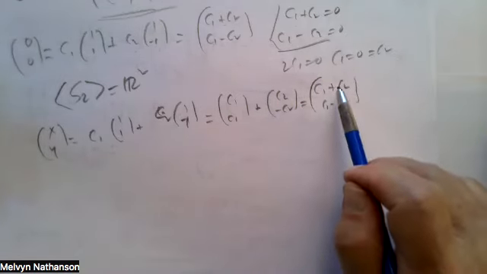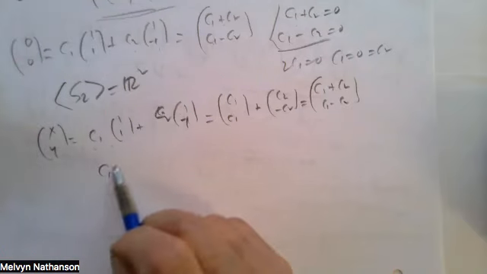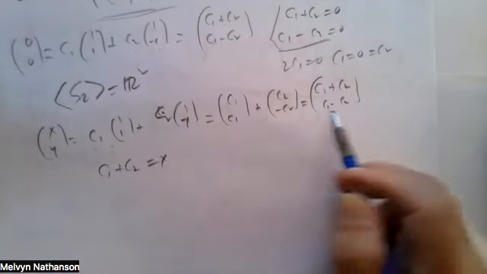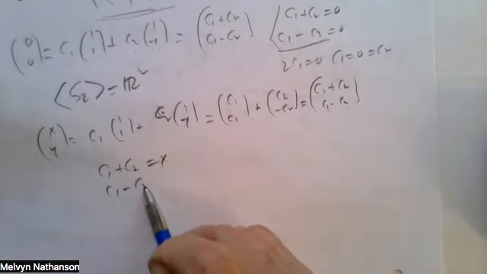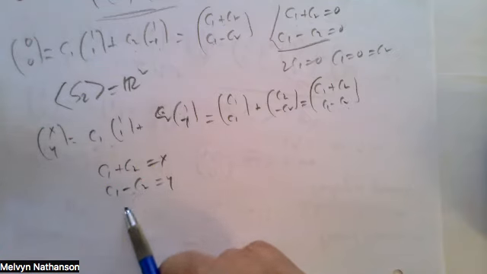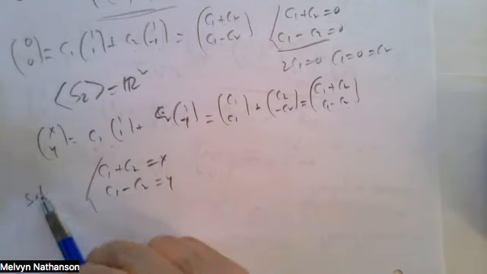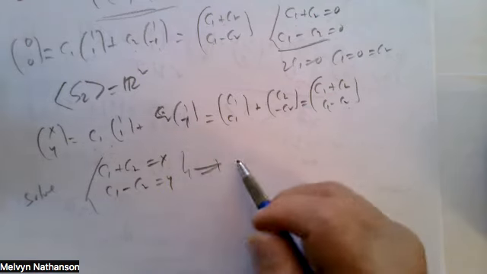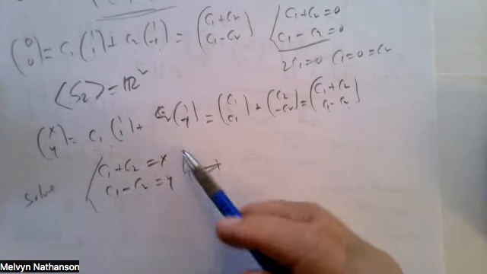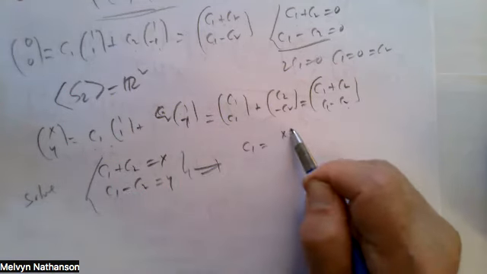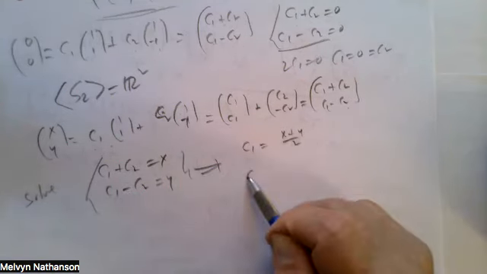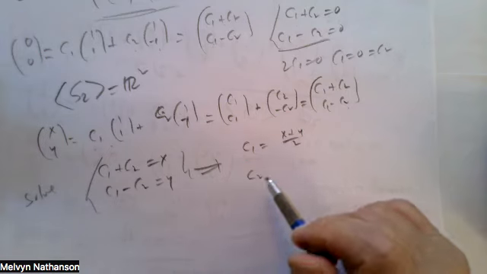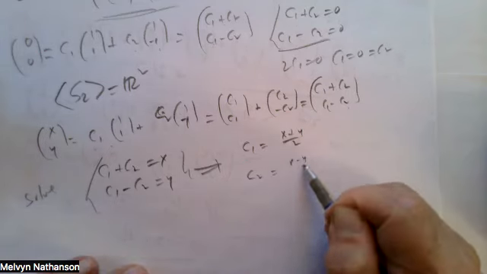If you equate the coordinates, C1 plus C2 has to equal x, and C1 minus C2 has to equal y. Then you solve the system. If you add them, you get 2C1 is x plus y, so C1 is (x + y) over 2, and C2 is (x - y) over 2.